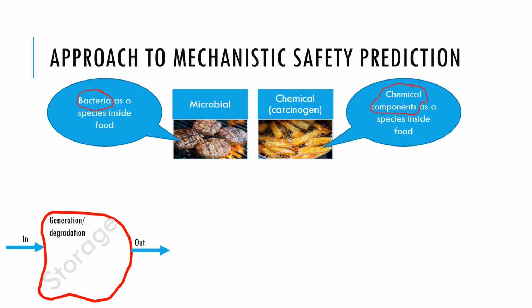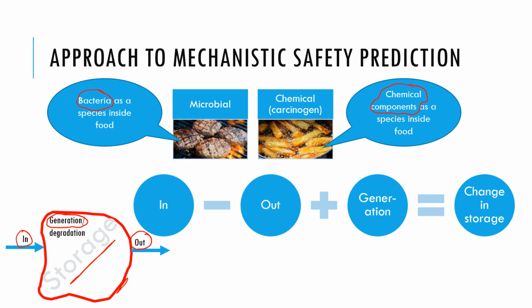And so this control volume, which is the red boundary here, you say that what's coming in and what's going out of the control volume, if a mass species is generated, leads to change in storage of the species. And so they are related this way: in minus out plus generation equal to change in storage. So this is always true. This is simply conservation of mass for that one species.